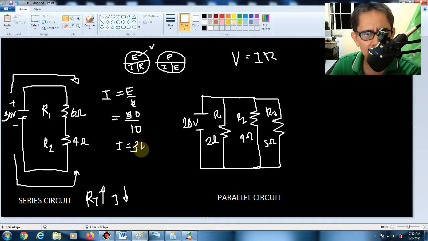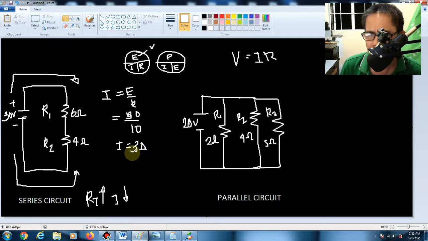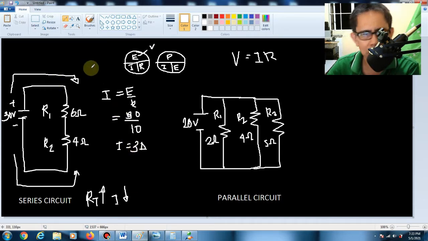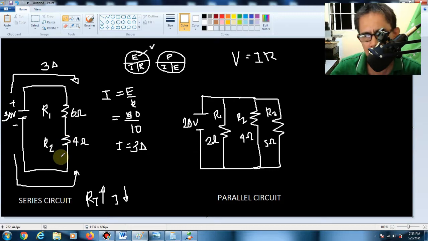Ibig sabihin yan, yung 3 amperes of current leaves the battery and flows through the resistors.